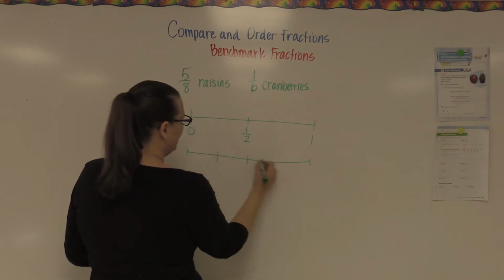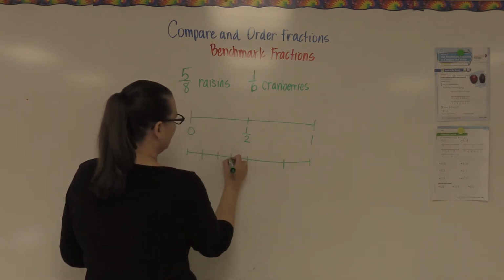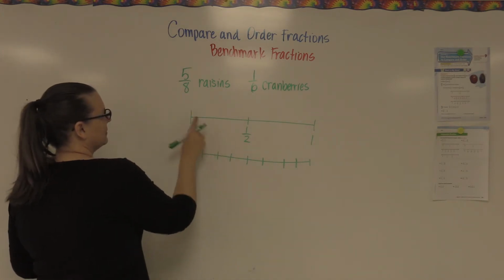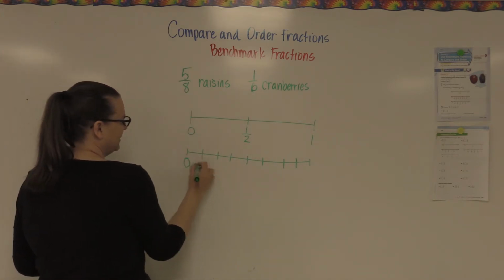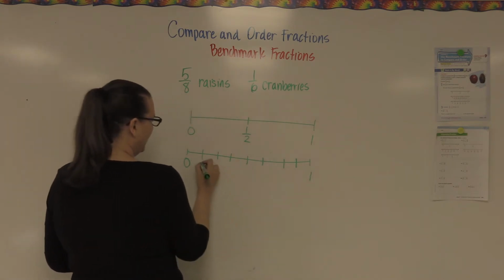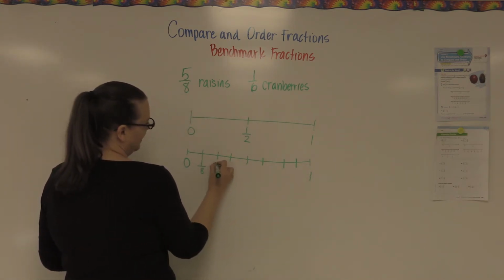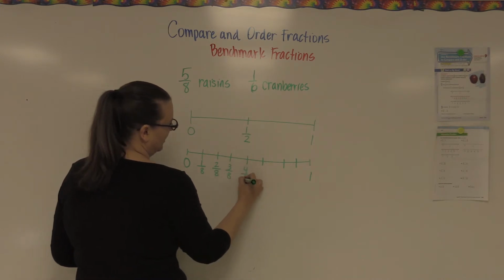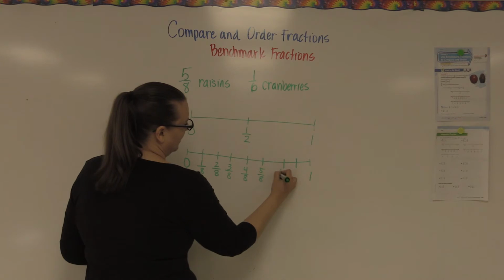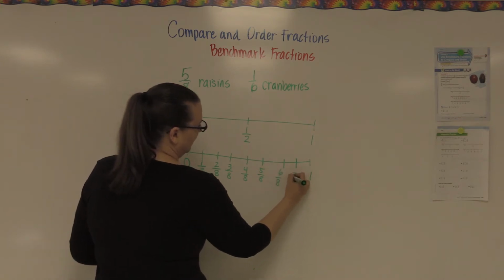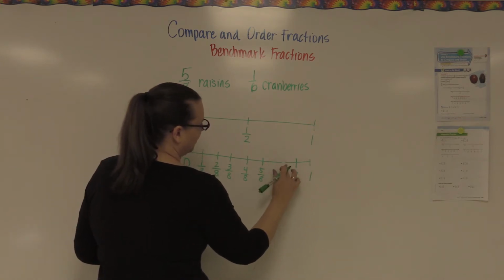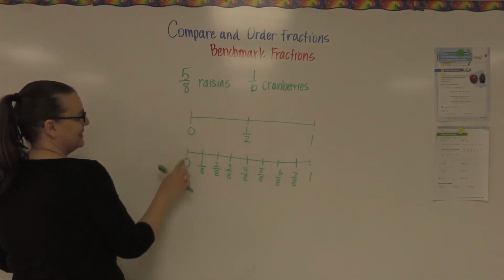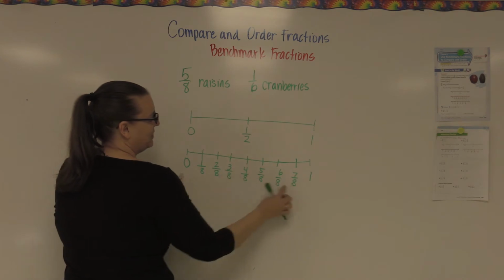So I'm going to go ahead and put in those slots, okay? And I'm going to label them because this is 8s. We know that this is 0, this is 1/2. This first one would be 1/8. Second one is 2/8, and so on. I need to move that one over just a little. Okay, so all I did was take this same length of number line and split it up into 8s.